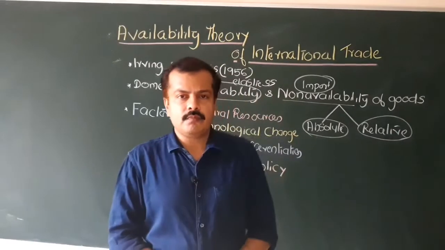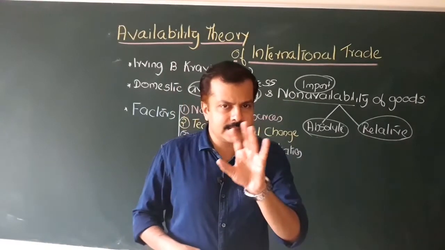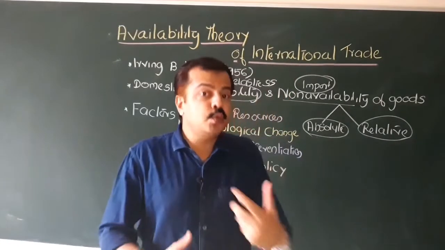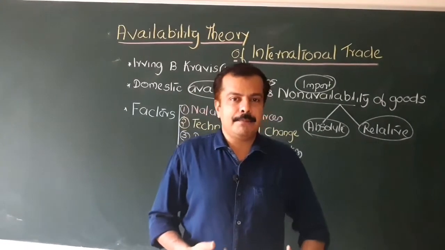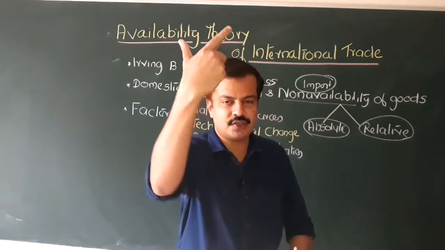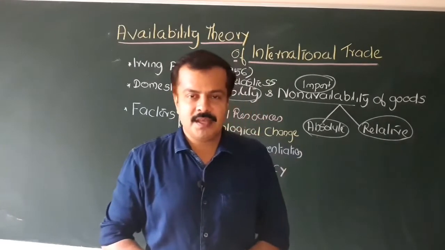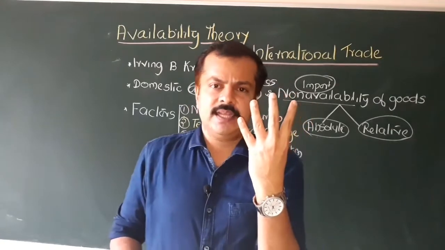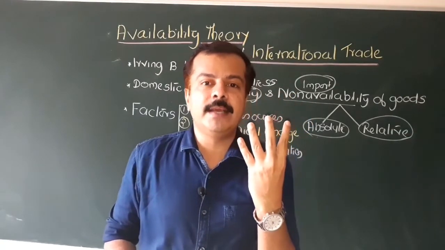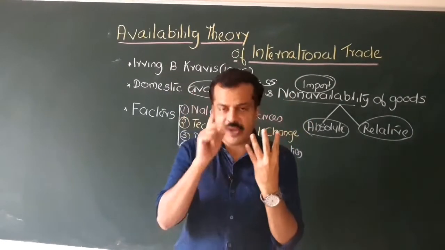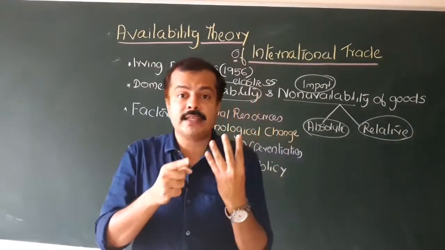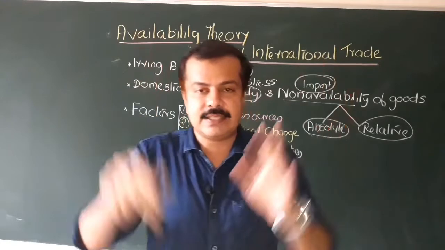Now, let us explore this concept of availability a little bit more, because that's where the availability approach provides an extension to the Heckscher Ohlin model. Kravis pointed out that there are 4 factors that influence the availability of commodities, what he called the basis of availability.